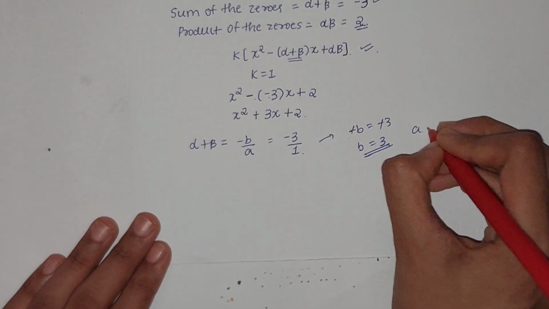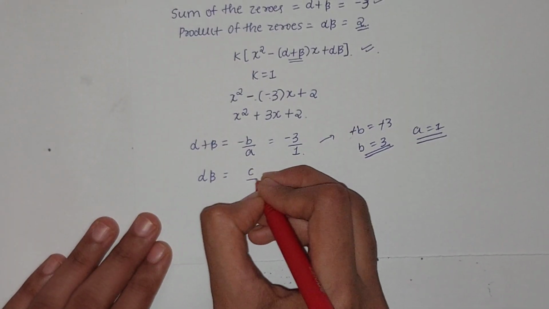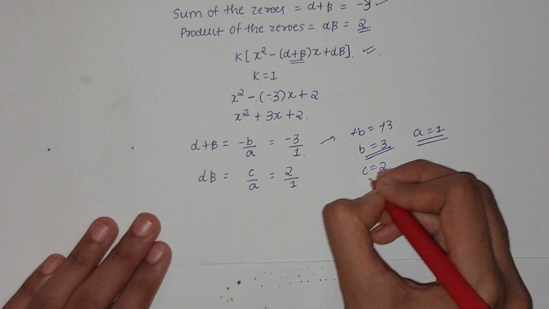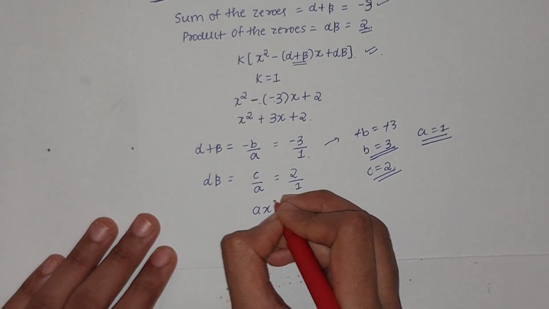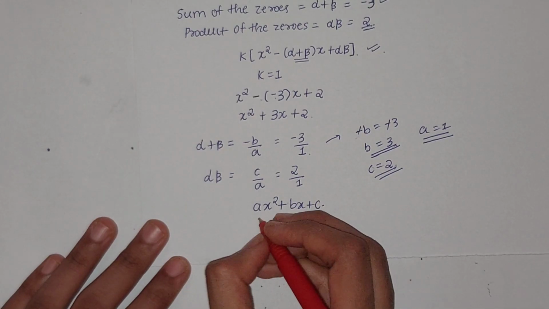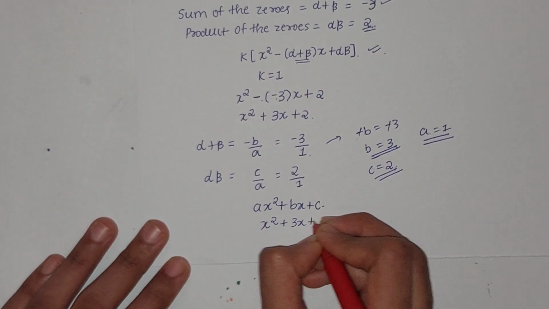And a is equal to 1. And alpha into beta is equal to c by a, so 2 by 1. So c is equal to 2. So ax square plus bx plus c, this is my general form. Replace everything: x square plus 3x plus 2.